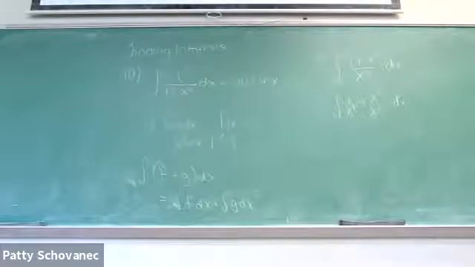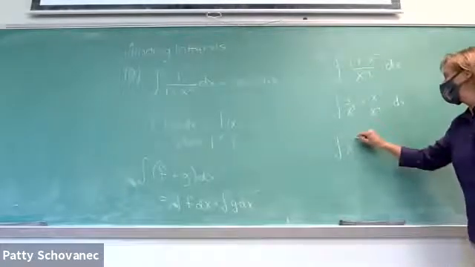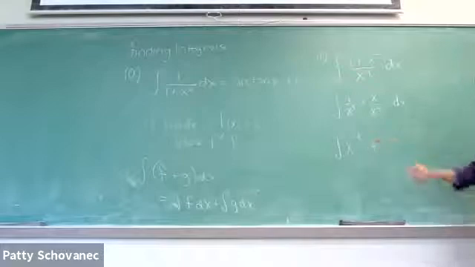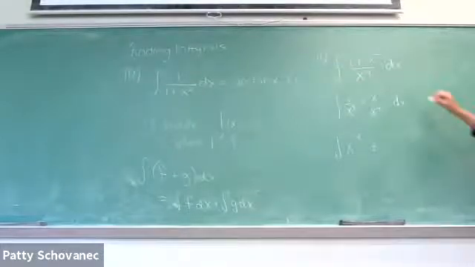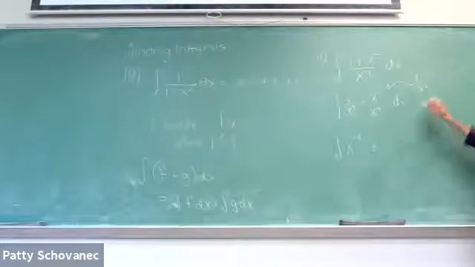So I'm going to write 1 over x to the 4th as x to the negative 4. x squared over x to the 4th simplifies to 1 over x squared, but 1 over x squared can be written as x to the negative 2.